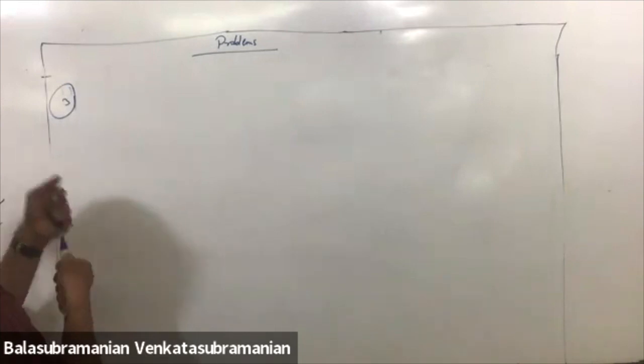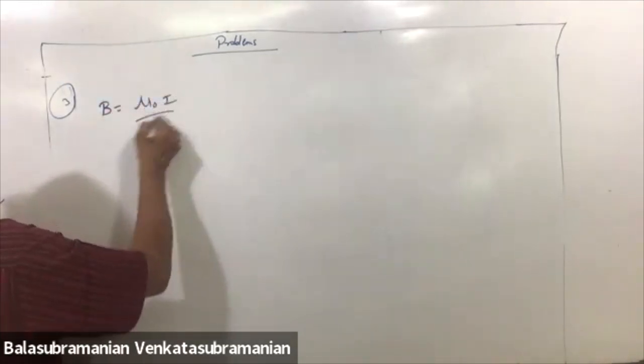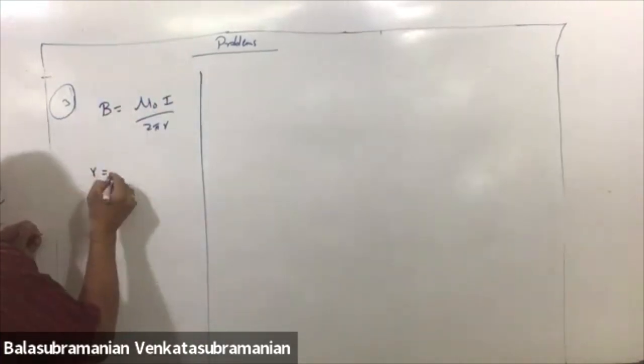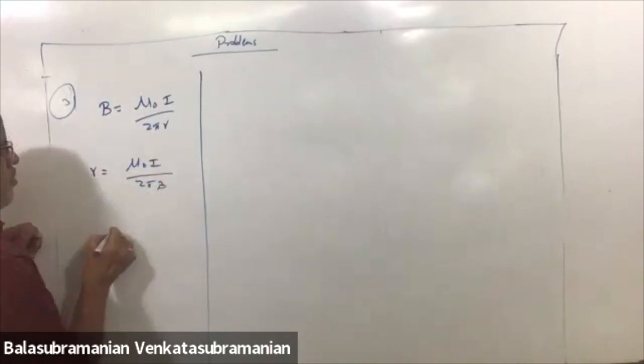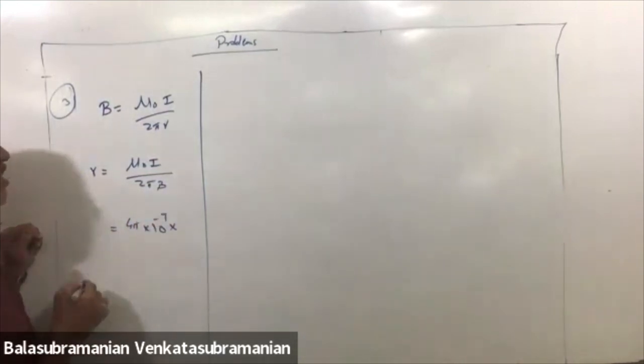B is equal to mu naught I by 2 pi r, so r is equal to mu naught I by 2 pi B. 4 pi into 10 power minus 7.